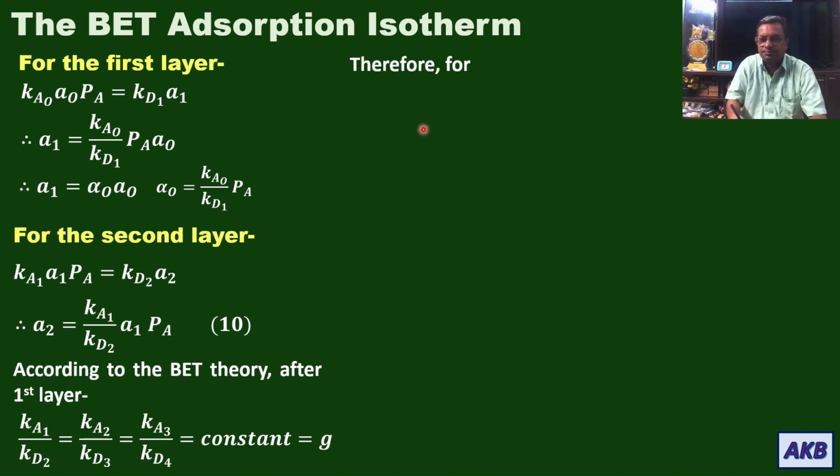So if I use it in equation number 10, equation 10 now will be written as A2 is equal to G into A1 into P. You must have understood, Ka1 by Kd2 is now replaced with the constant G. So that gives me A2 is equal to beta into A1.